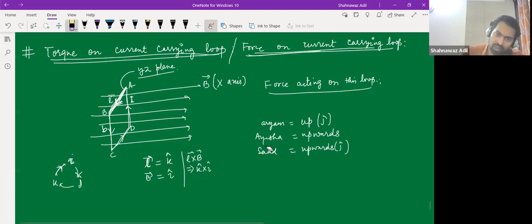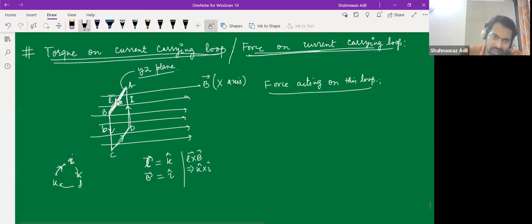So there are how many? Four wire lengths, right? So the total magnetic force would be the force due to AB, and force going from B to C, right?